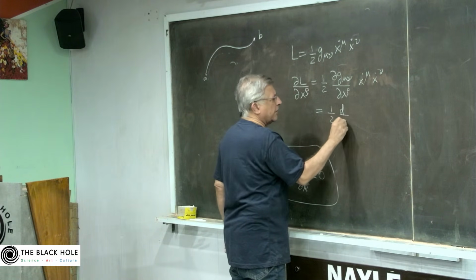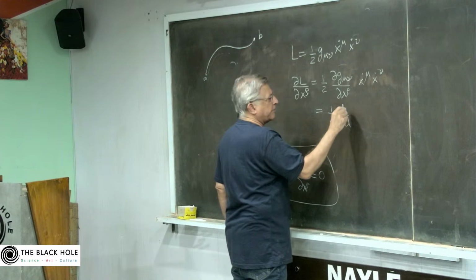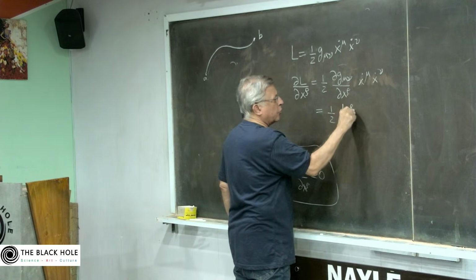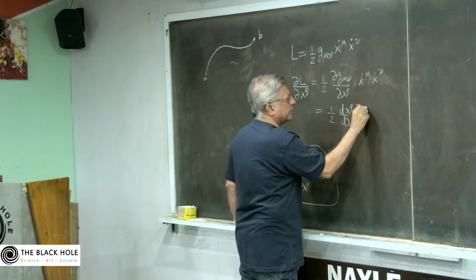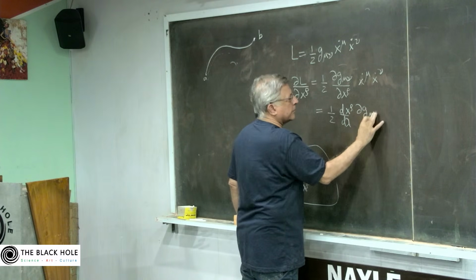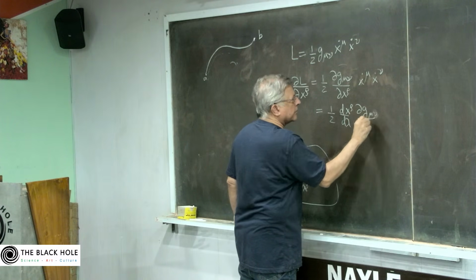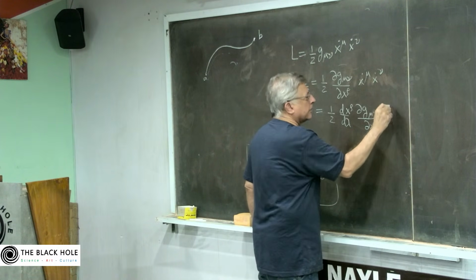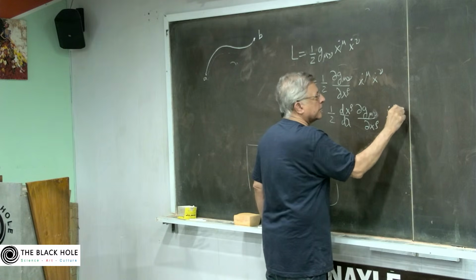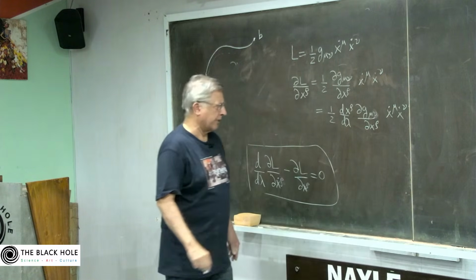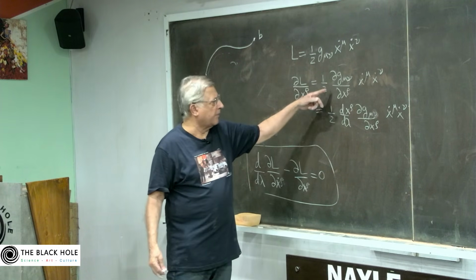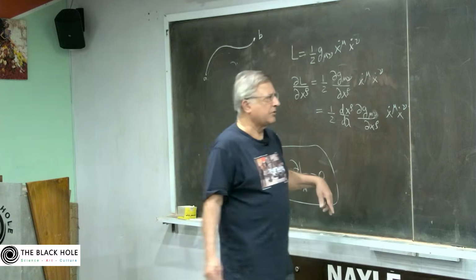So this is d by d lambda of dx rho, right? Chain rule.